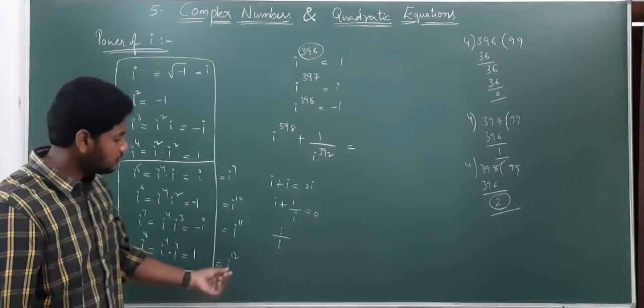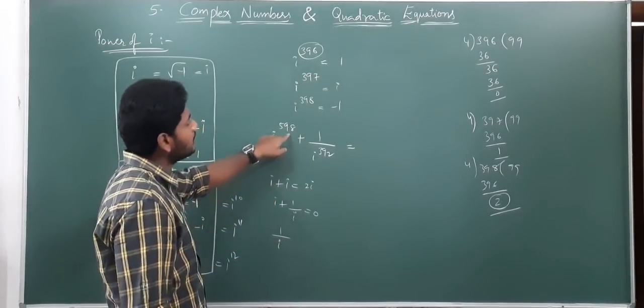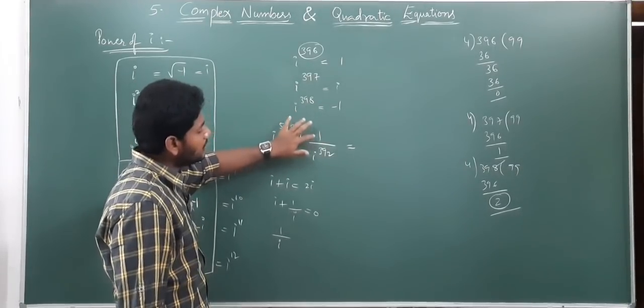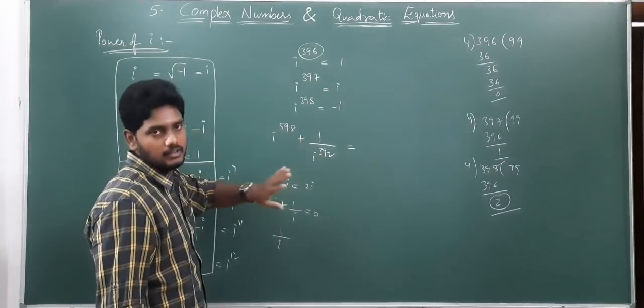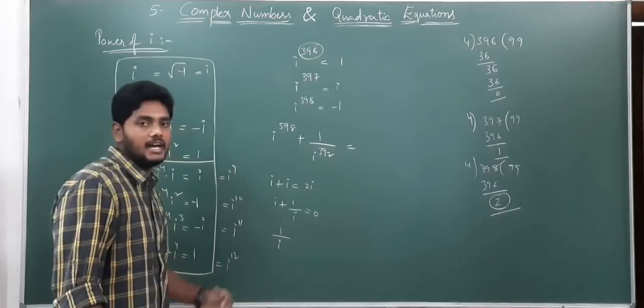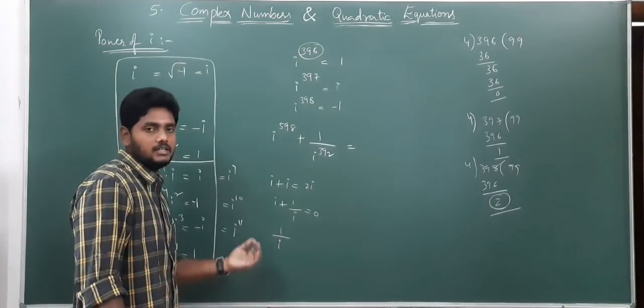But if you want to find the 1 by I value, how to find it? While simplifying, if we get 1 by I, we should not keep I in the denominator.